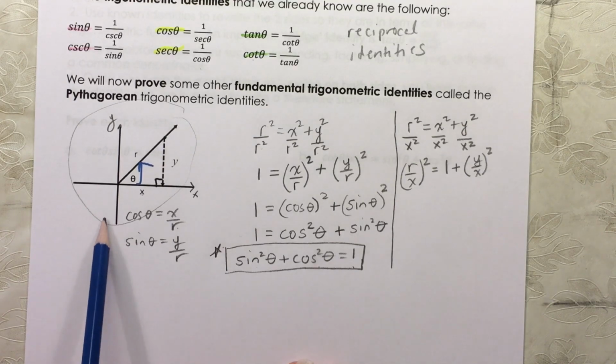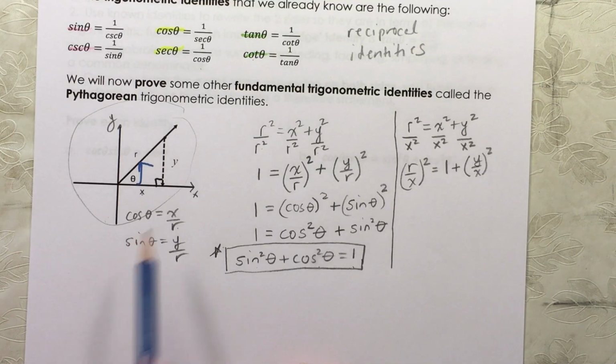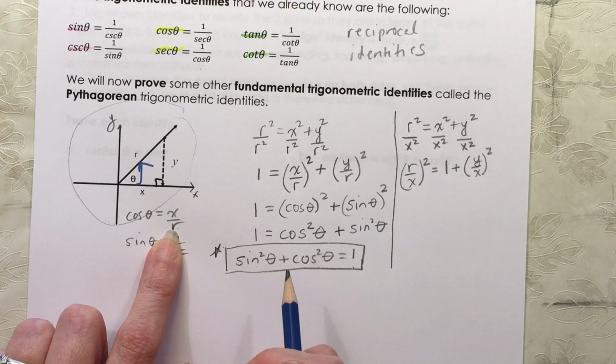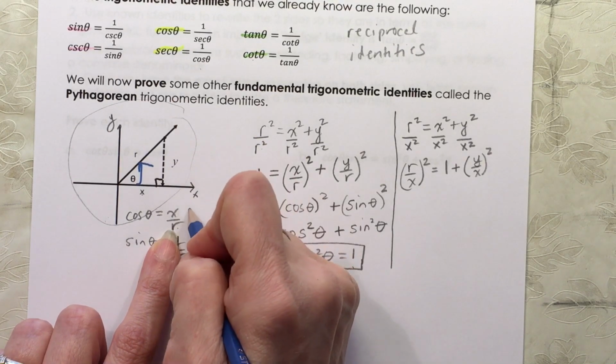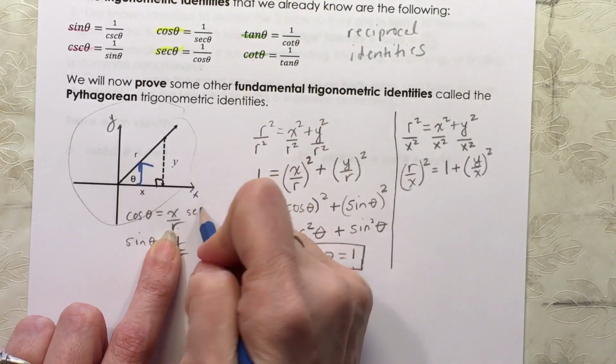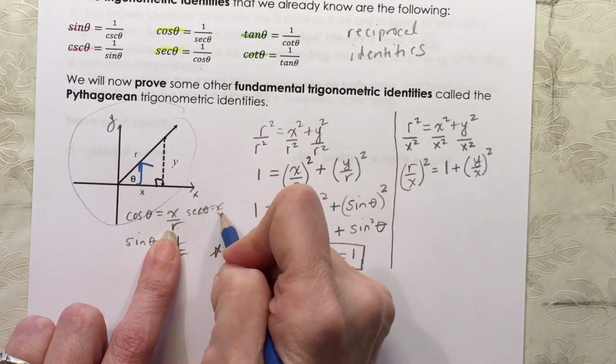And then back to our picture here, we know that if cos theta is x over r, then sec theta would be r over x.